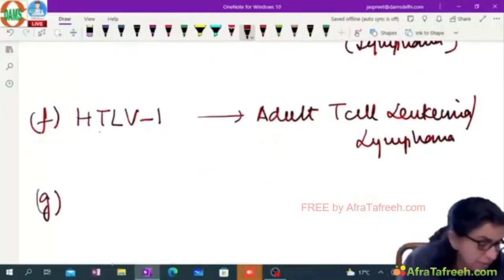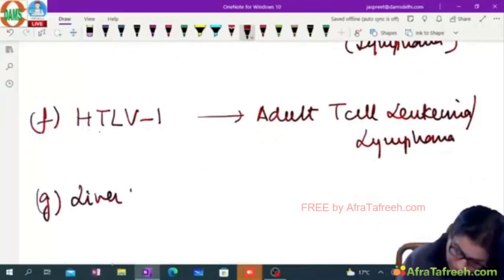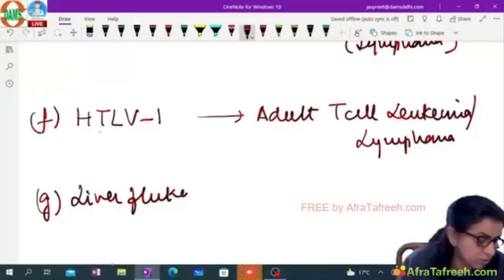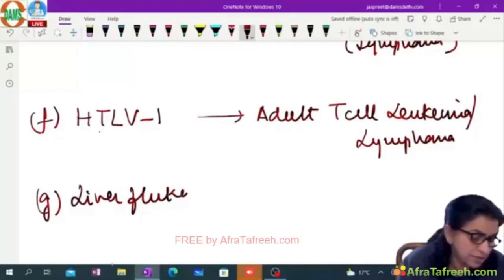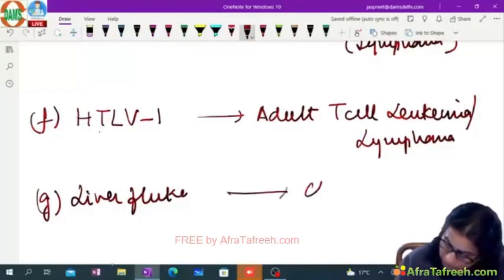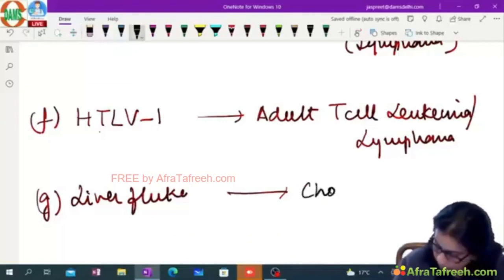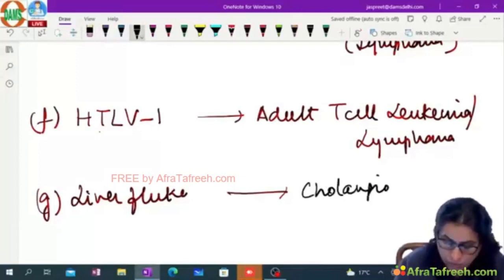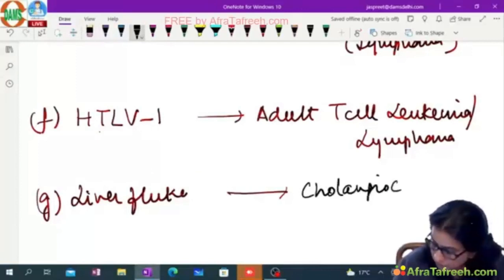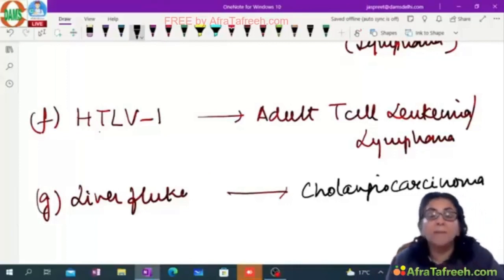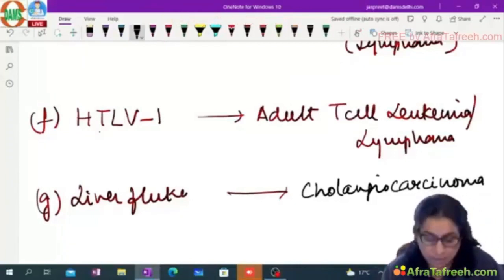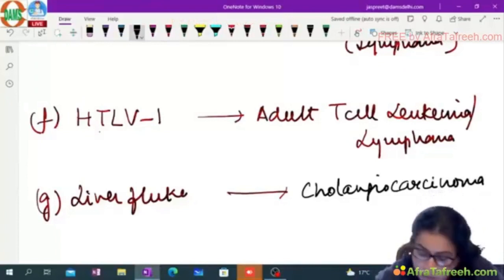So then liver fluke. Liver fluke is also called Clonorchis sinensis. Liver fluke causes cholangiocarcinoma. What is cholangiocarcinoma?